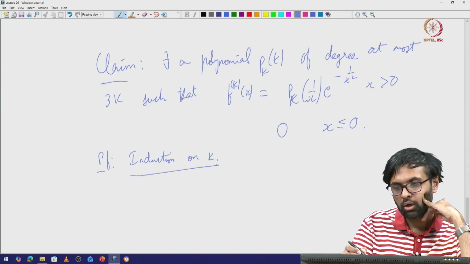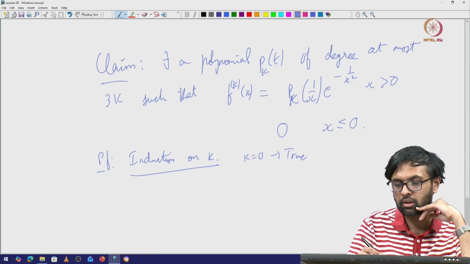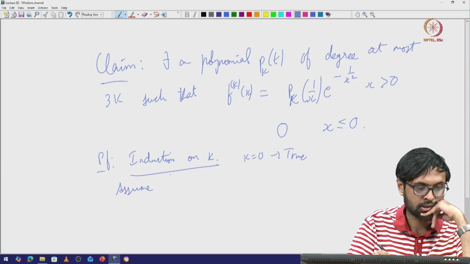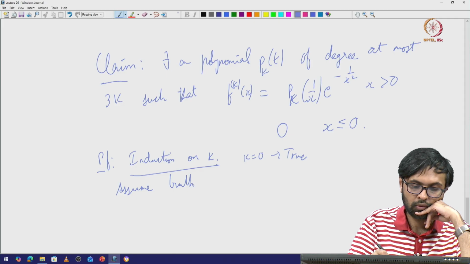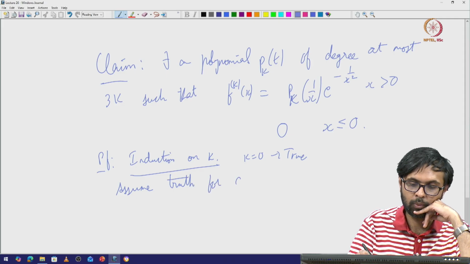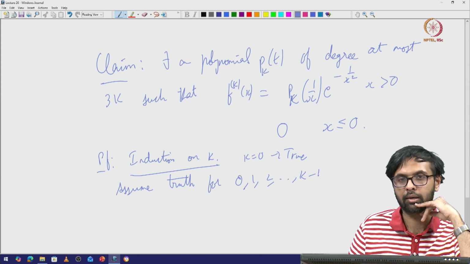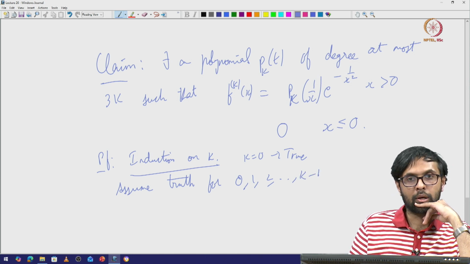Okay, so for k equals 0, we know it's true. It's a triviality. We've already seen this. Assume the truth of this statement for k equals 0, 1, 2, 3, and so on until k minus 1. What does this mean?